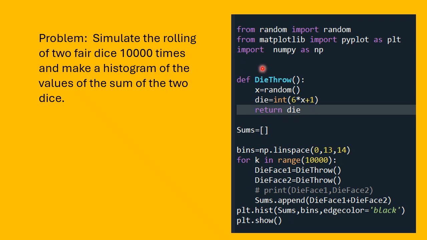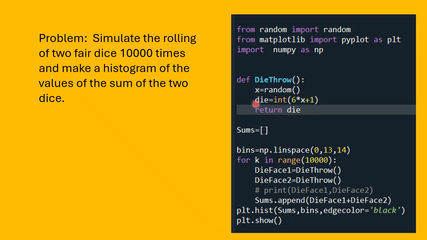Now our program starts. The first thing we have in our program is the function die throw defined. It's going to roll one die and tell us what the upper face of the die is. So we define die throw the following way. We use this function random to generate a random number between 0 and 1 and store that in x.